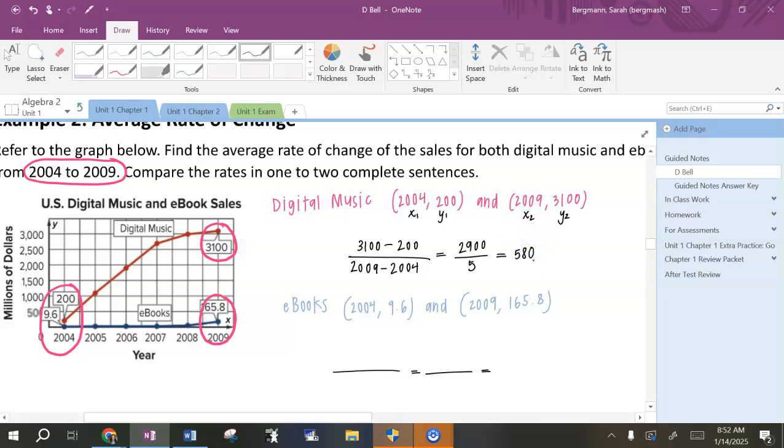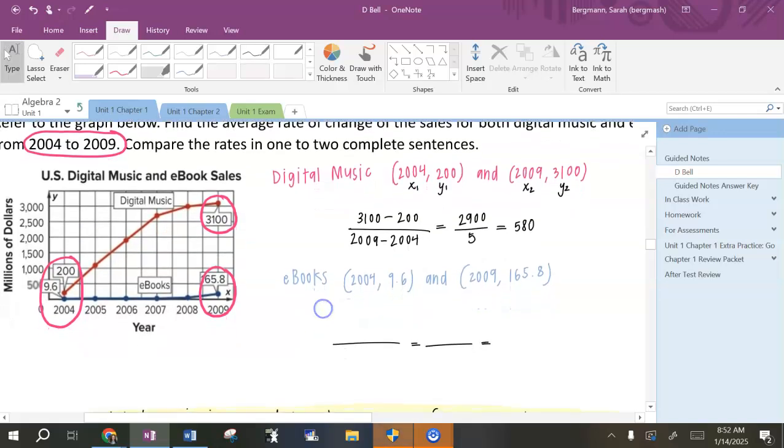Now we'll do the same thing for the blue line. When X is 2004, Y is 9.6, so that's my X1 and my Y1. Then, when X is 2009, my Y is 165.8, so that's my X2 and Y2. I'll plug in my values for Y2 minus Y1 over X2 minus X1.